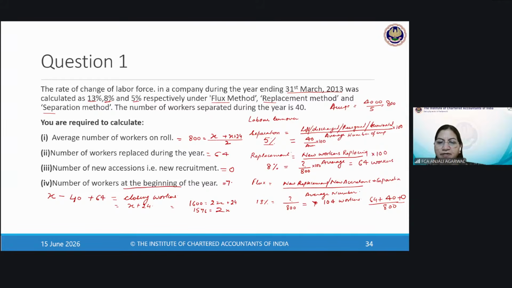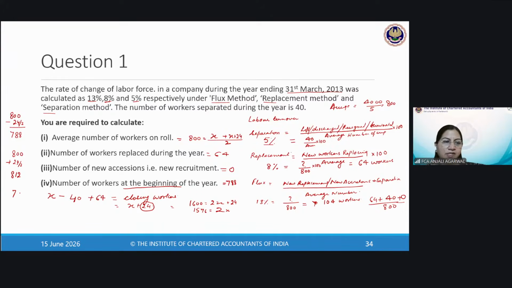That is 788. You can also do this calculation: you can see the change as 24. So to find out the opening workers, 800 minus half of 24, you will get 788. And to find out the closing, 800 plus half of 24. So closing workers were 812.